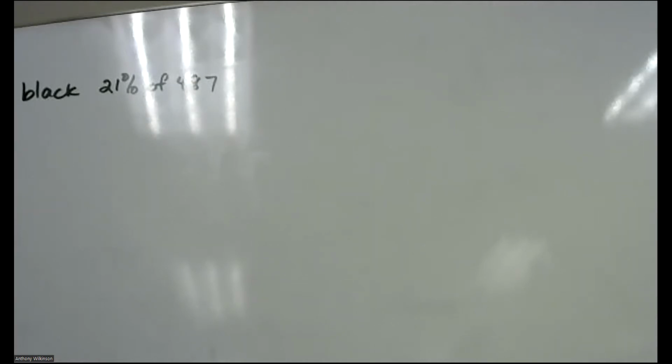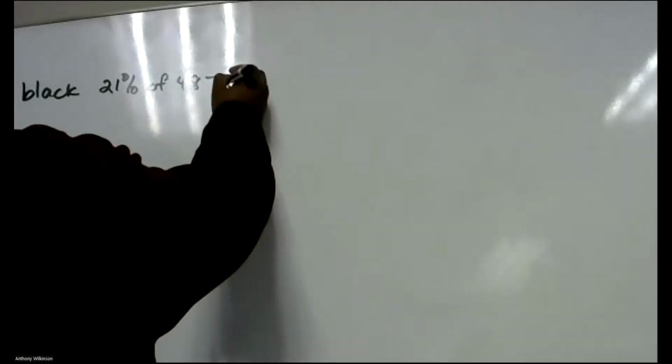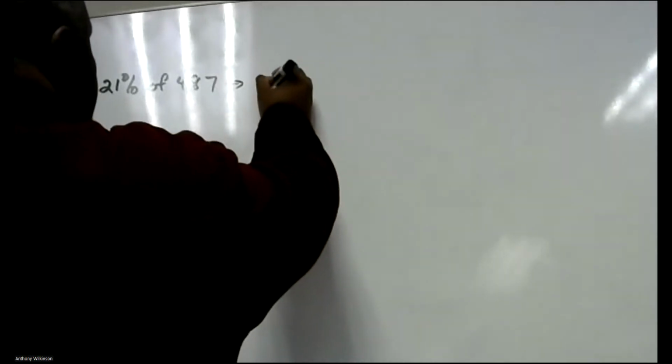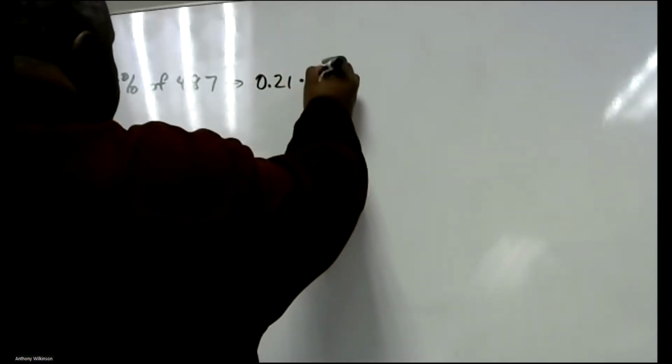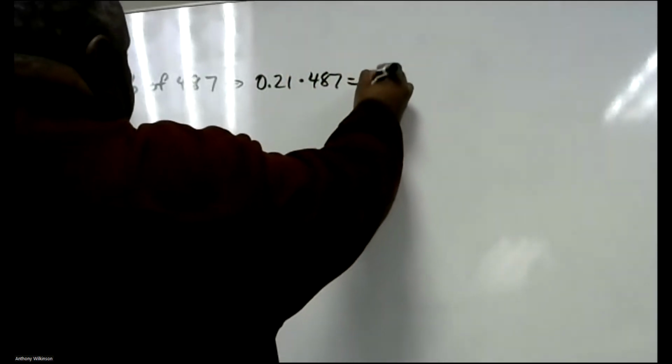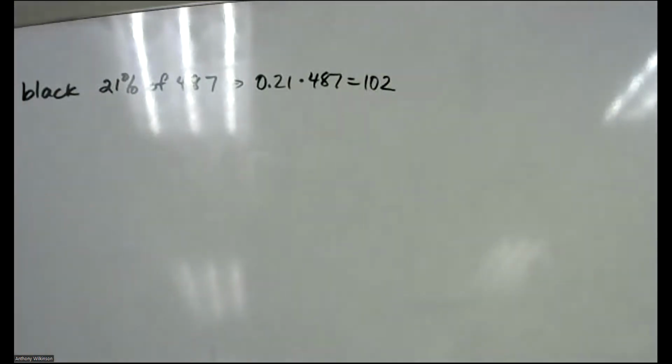So this means 0.21 times 487, and this will be 102. We're just going to round to the nearest whole number, because we can't have a fractional or decimal portion of an 8th grader in a middle school.